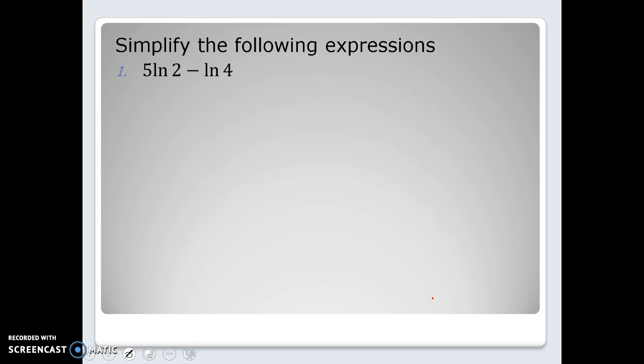We're going to simplify the following expression. The properties that we had learned with logarithms still hold for natural logarithms. In other words, when I have here the base is e for both of these, the bases are the same.